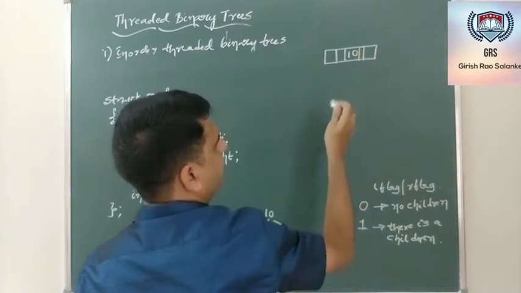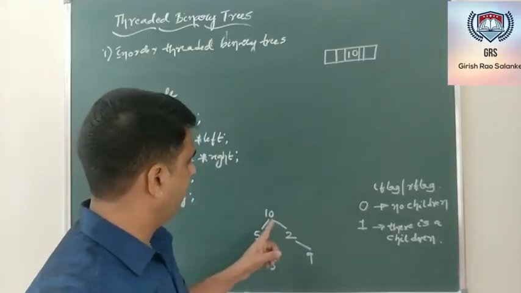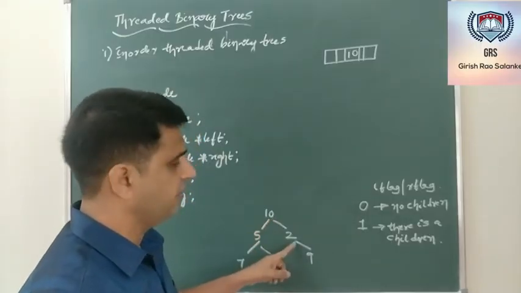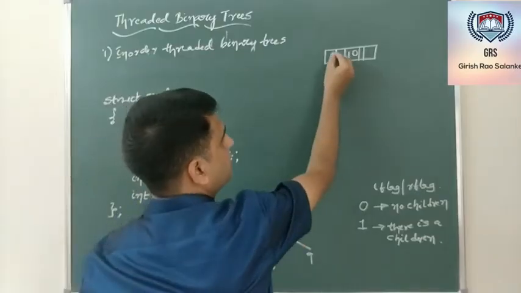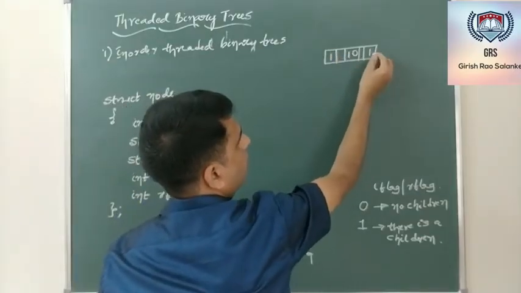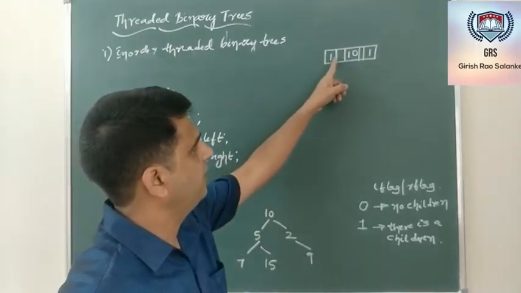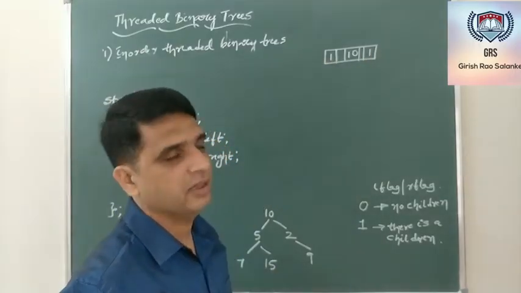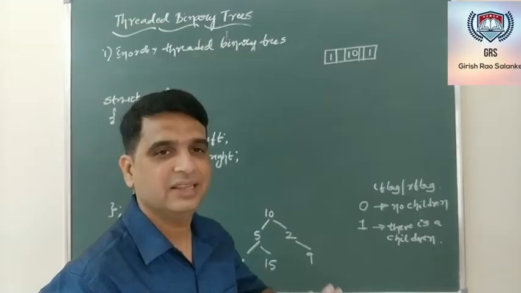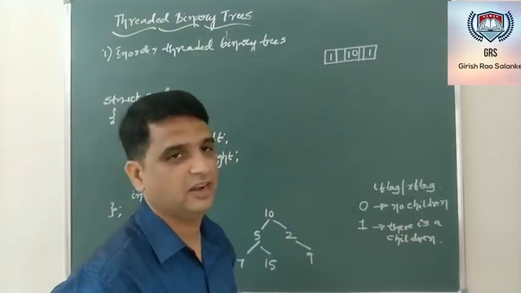Does 10 have a left child as well as a right child? Yes, so this has to be 1. This is the left flag and this is the right flag. The left flag has a value of 1 and the right flag has a value of 1. If it is 1, there is a child.